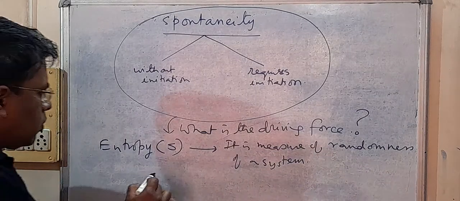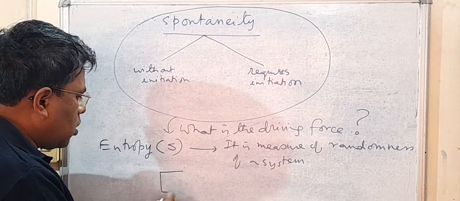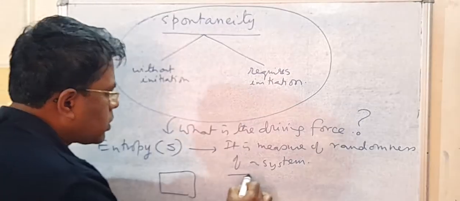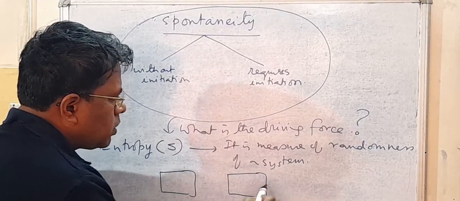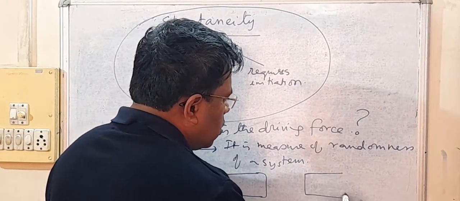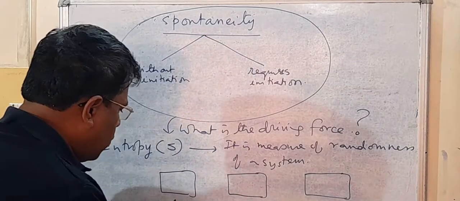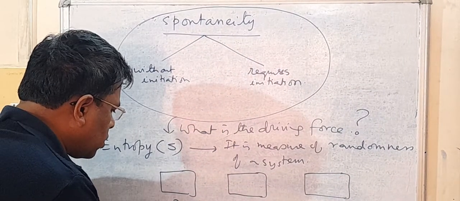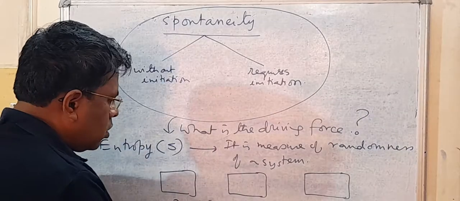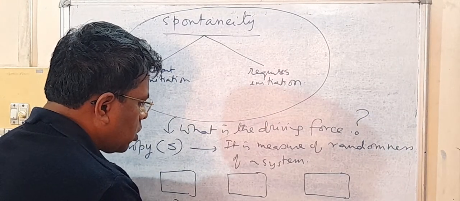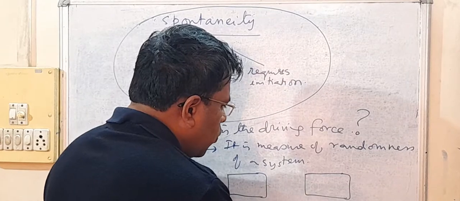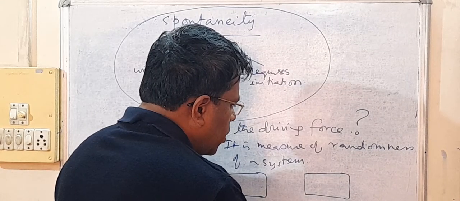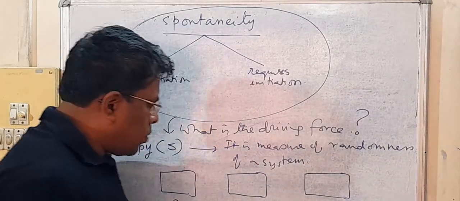For example, say we have three systems. Here we have ice, here we have water, and here we have water vapor.